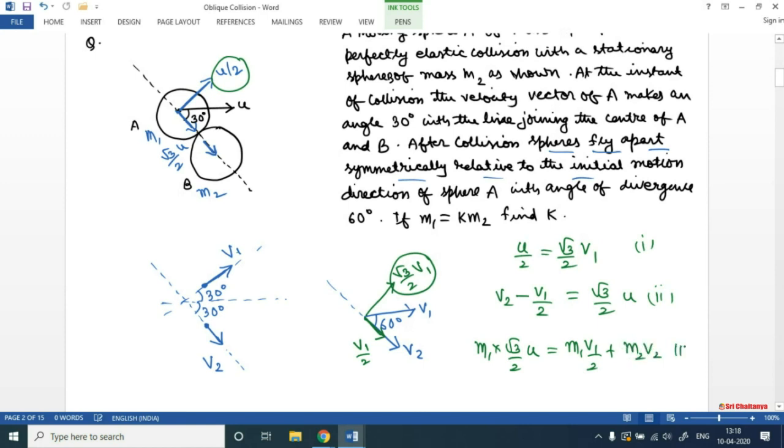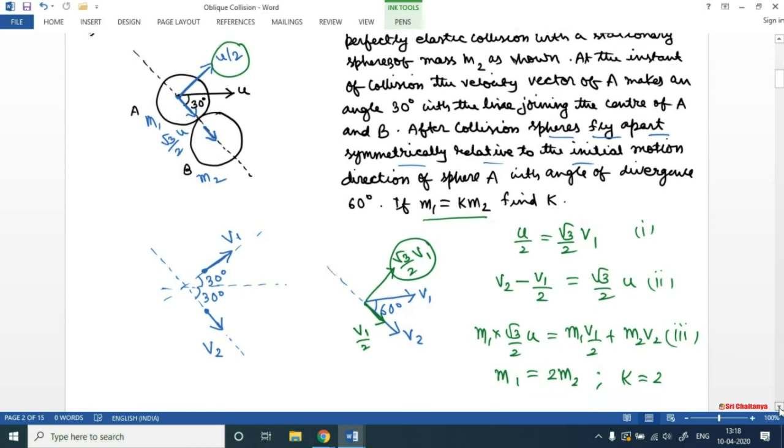Solving these three equations, since we are required to find m1 equal to k m2, we get m1 is equal to 2 m2. That means k is equal to 2. So this is one question for oblique collision.